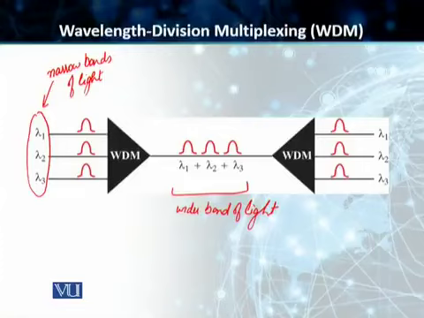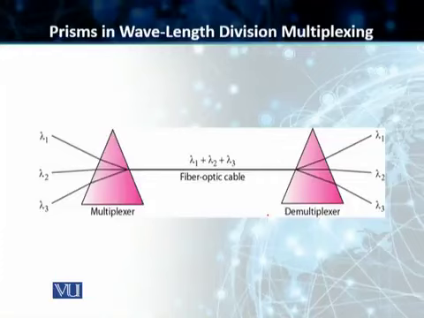Students, at the receiving end, the signals are separated by a demultiplexer, and we get our narrow bands of light back.